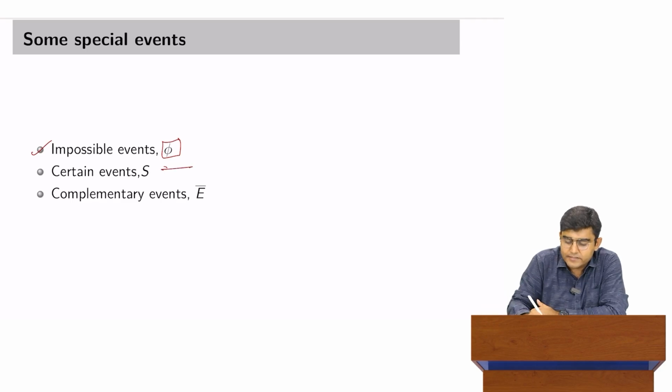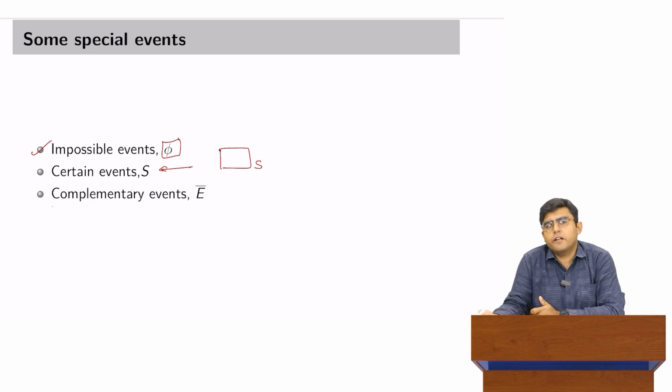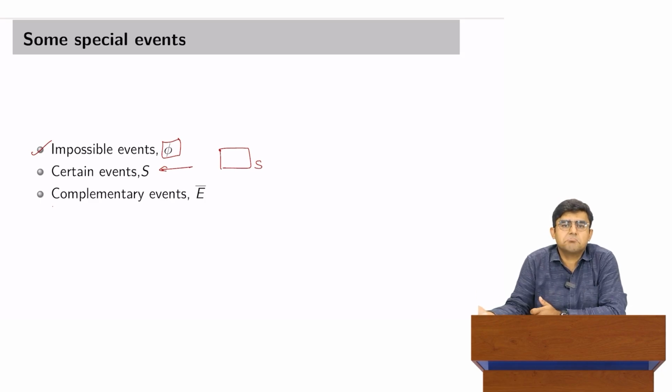And if you notice, this certain event also coincides with our definition of sample space, because everything summed together in a sample space is a certain event, because nothing can happen outside the sample space. If we talk about flood levels, getting a flood between 0 to infinity is a certain event.